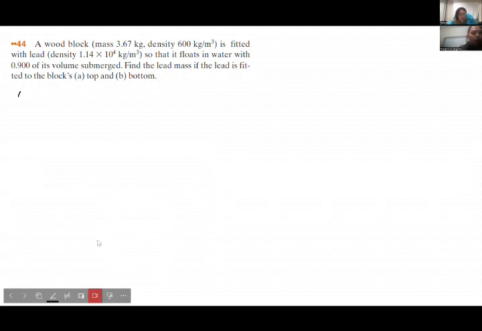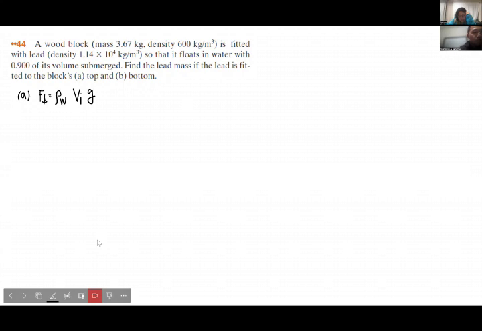So for number A, in order to float on the surface of the water, the buoyant force should be balanced with gravity. So the buoyant force is the weight of the water replaced by this wood block, which is rho_w V_i g, right?